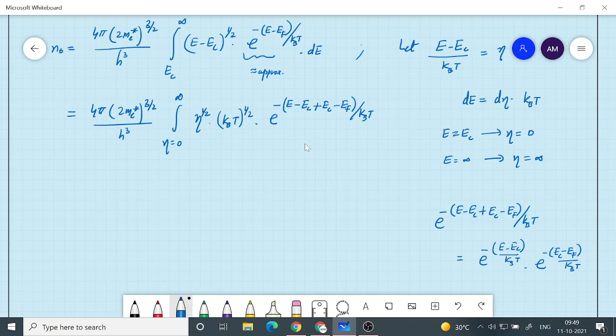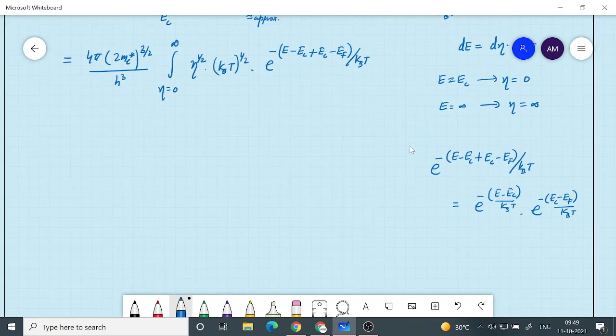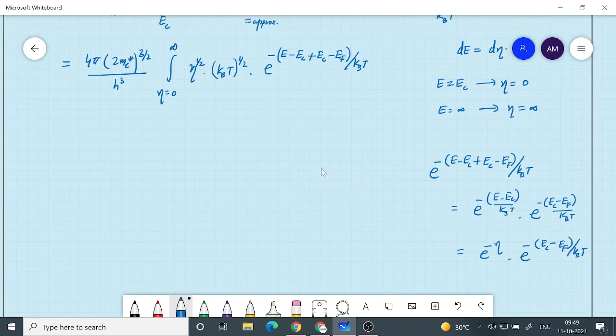So you can write like this. And the first term is basically e raised to minus eta. So e raised to minus eta into e raised to minus (EC minus EF) by kBT. Okay, so let's now substitute this here.